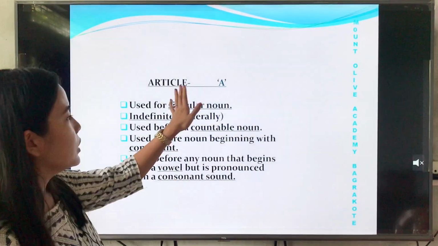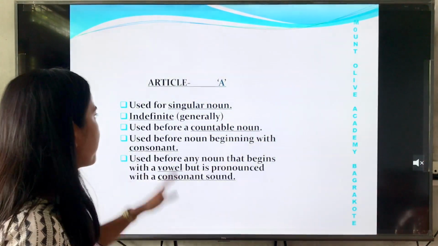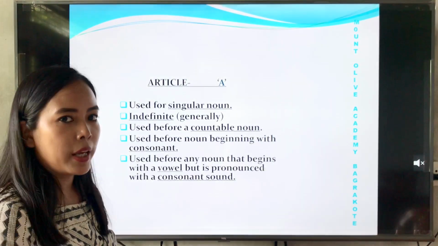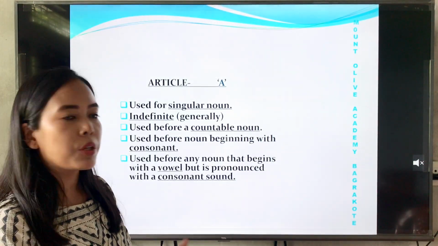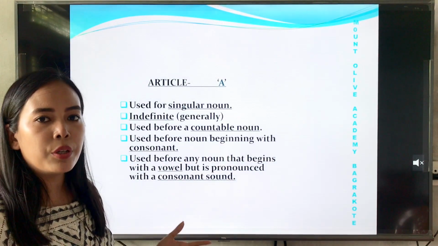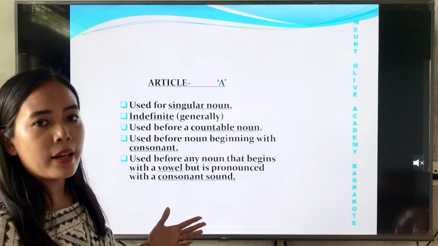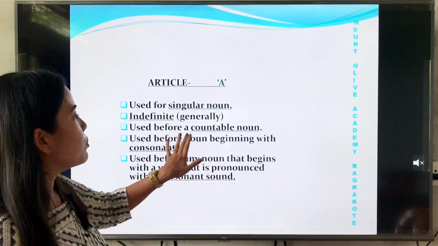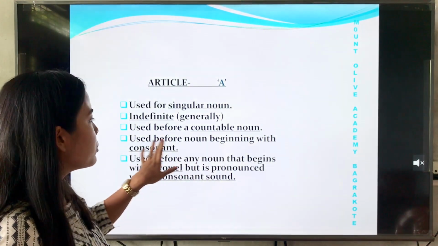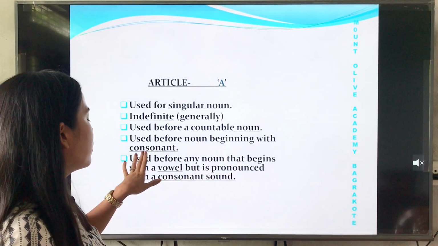Now first, article A. Article A is always used for singular nouns. Indefinite, I have told you, a and an are indefinite articles. It is used before a countable noun, before a noun beginning with a consonant.